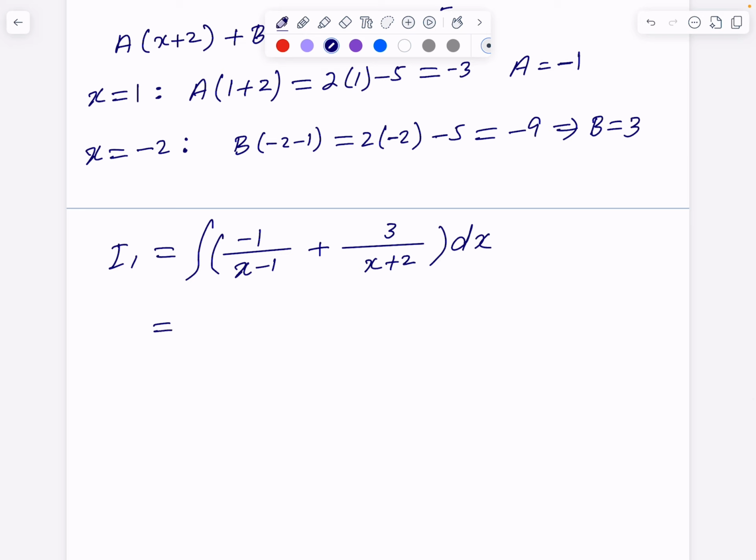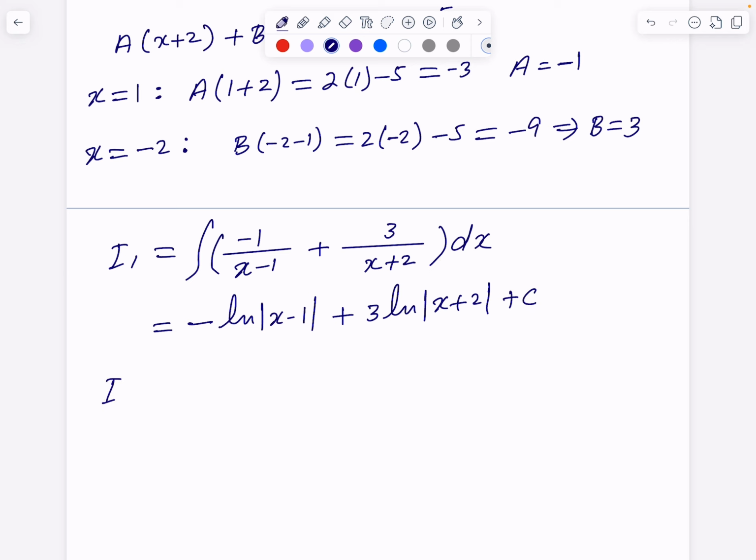Therefore, the answer is just going to be minus ln of x minus 1 plus 3 ln of x plus 2 plus C.